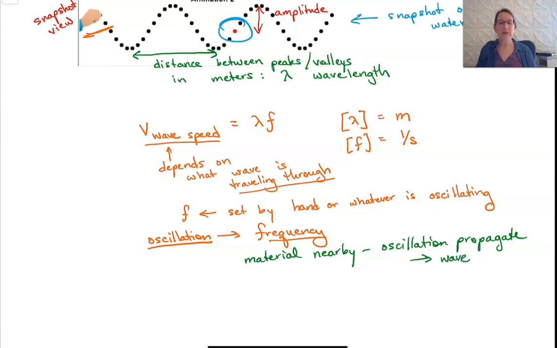And then the wave speed depends on the material, and then from that you can find the wavelength. So even though the wavelength is often the easiest to measure because you can see it in a snapshot, it's what's sort of left over after your hand or whatever oscillates back and forth, and then it depends on the material.